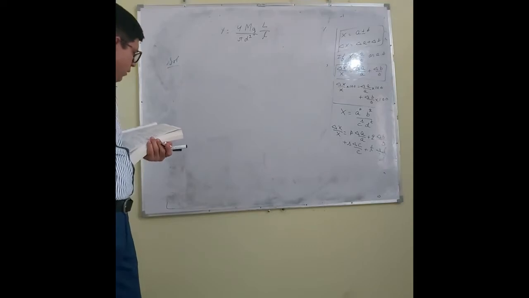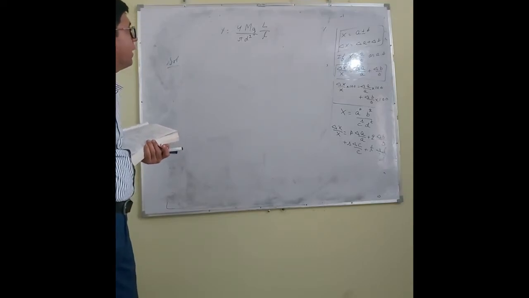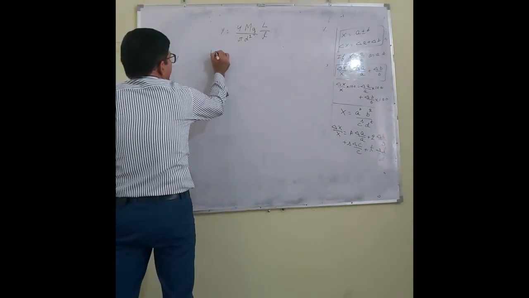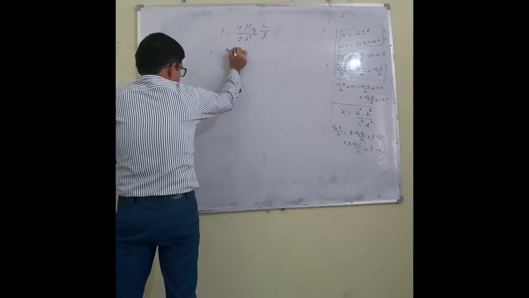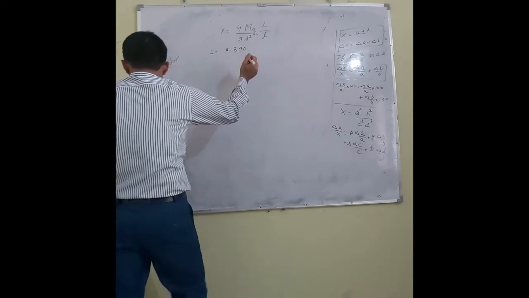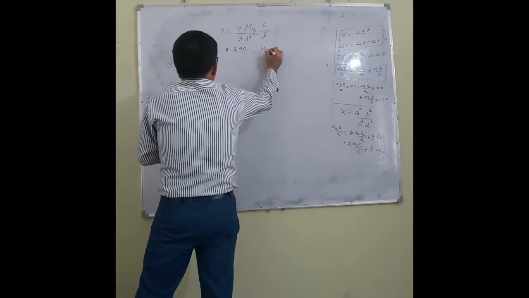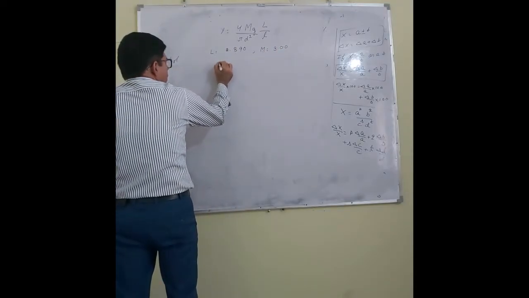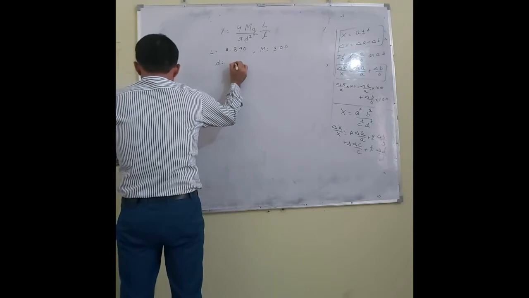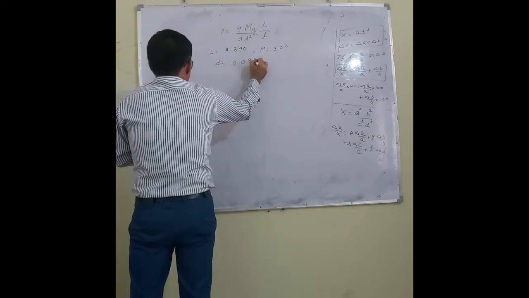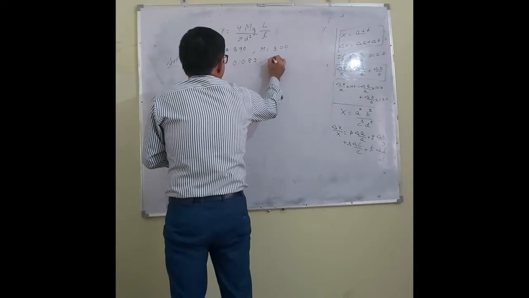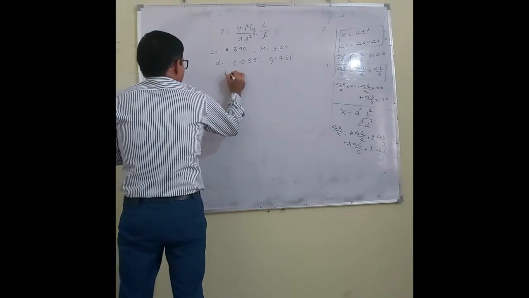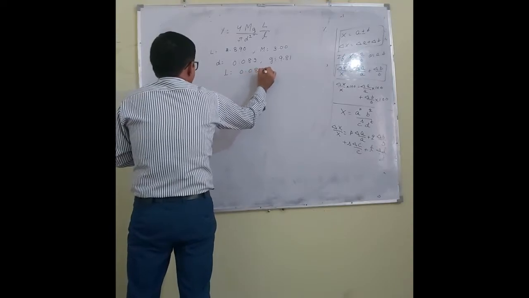I have to calculate the percentage error in Y. I am given L equals 2.890, units are not specified, M is 3.0, small d is 0.082, small g, the acceleration due to gravity, is 9.81, and small l is 0.087.